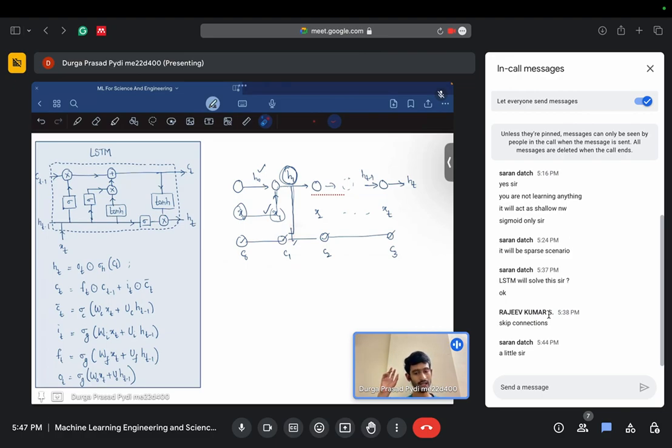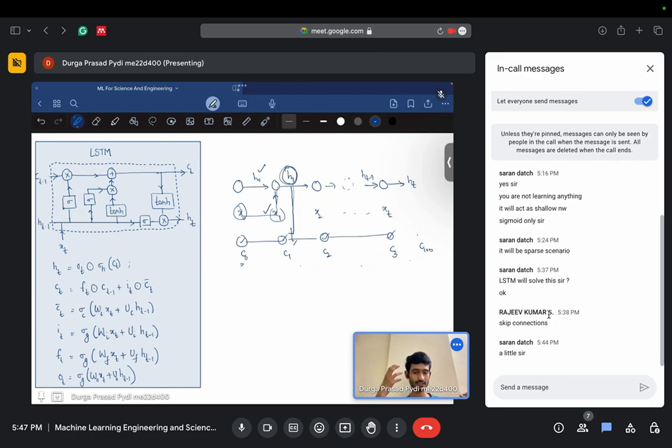Even here you will have the same problem. Even if the cell states are too many, say you have 100 cell states, and you are at C100 and you want to go to C0, then you will still get the same problem. When you go from C100 to C0, after passing 100 layers, the gradient will vanish in LSTM as well.